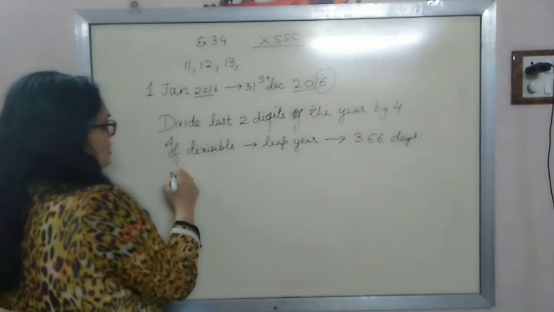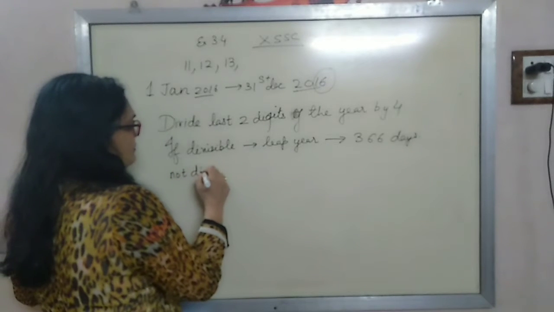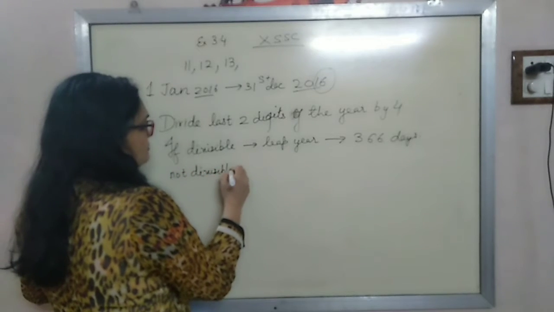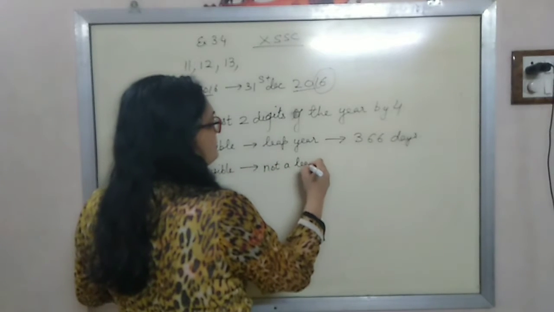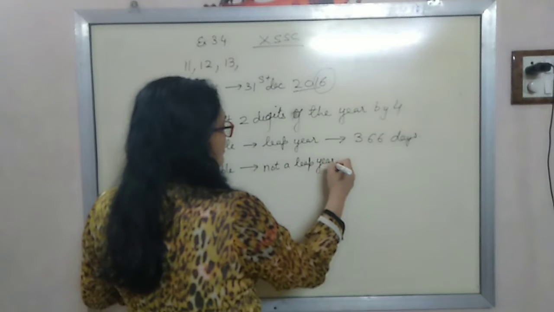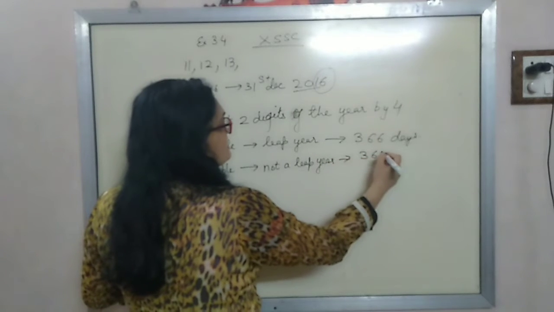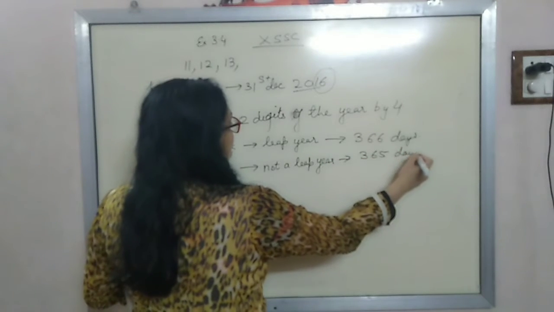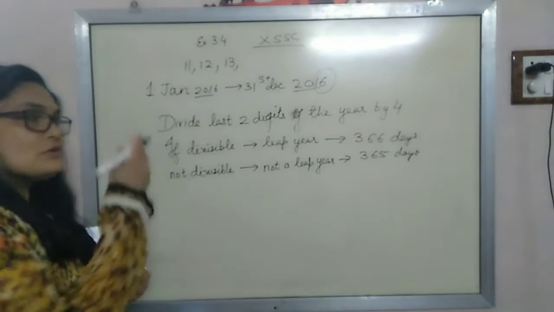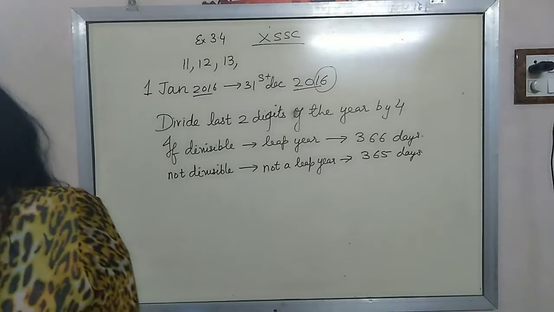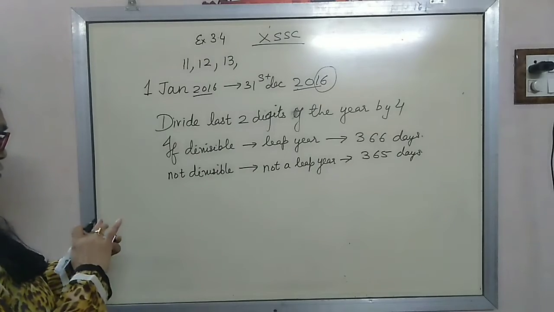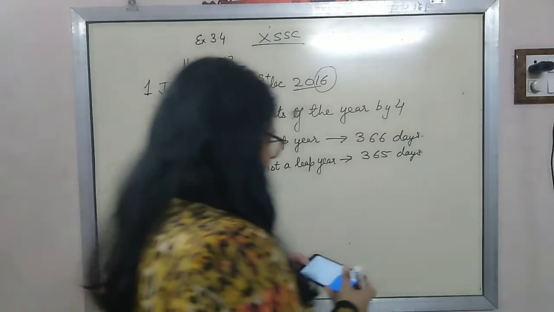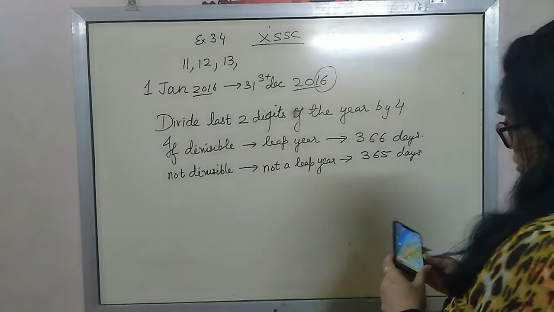And if it is not divisible, it is not a leap year. So you will take 365 days. Okay? So this you remember. I'll take a screenshot so that those who still don't know can copy it down.